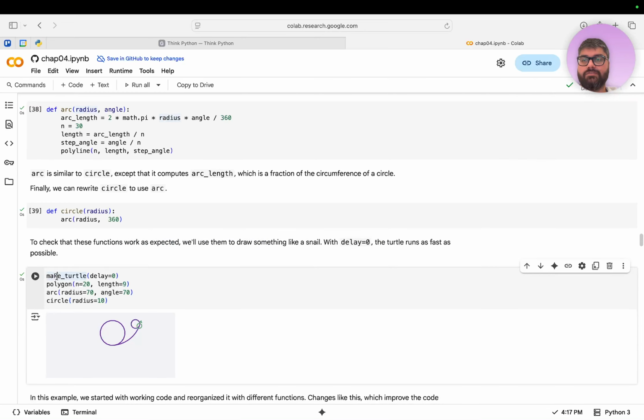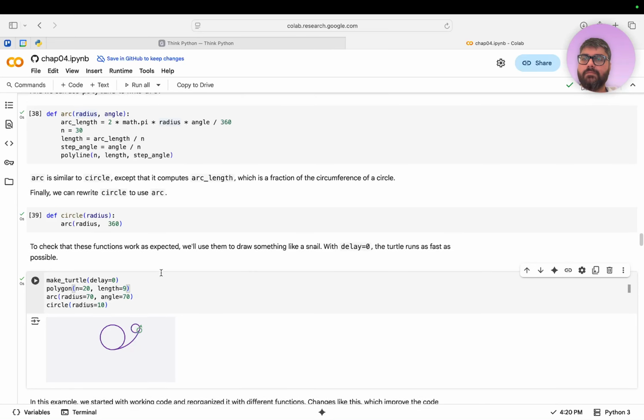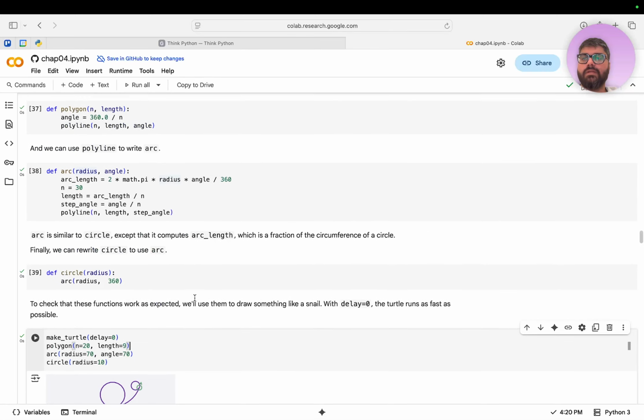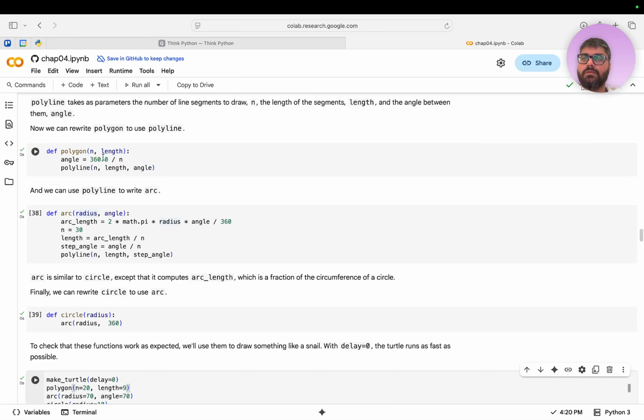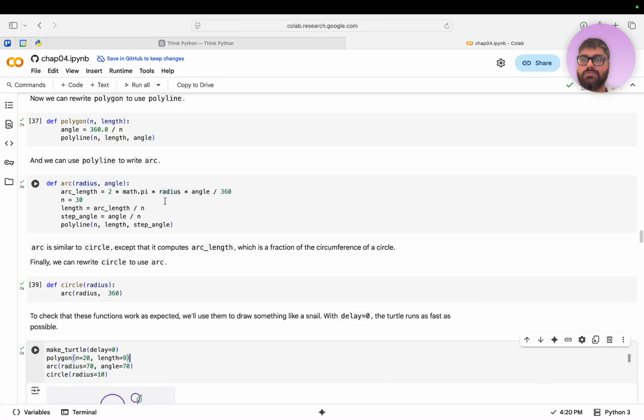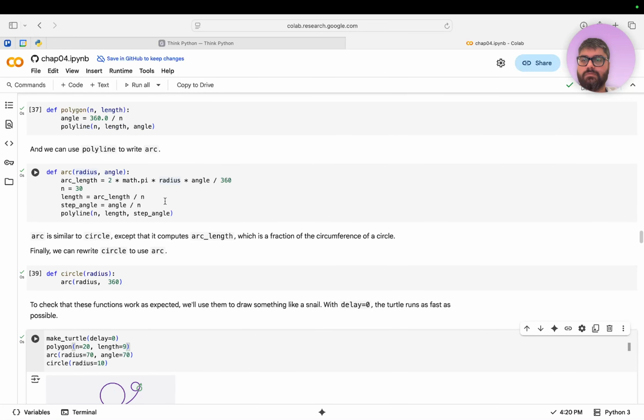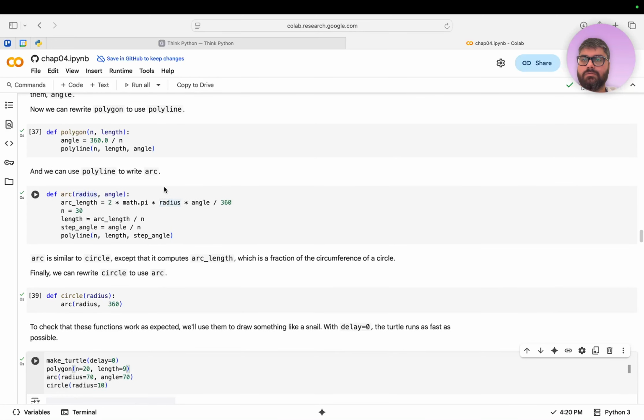And then here is just make polygon n equals 20, length 9. Polygon, arc, circle. Why is it polygon n equals 20, length 9? Okay, so polygon also does a circle, right?